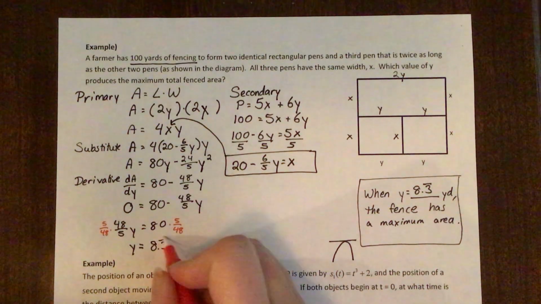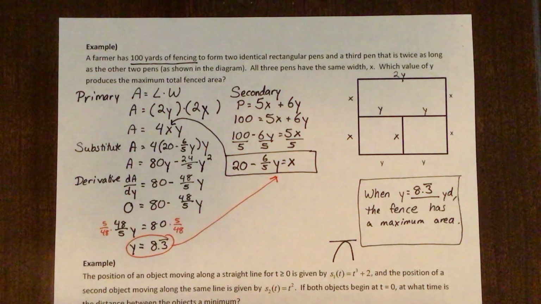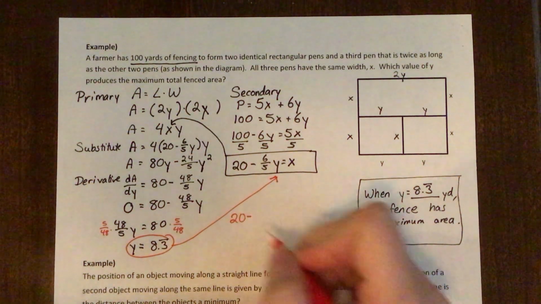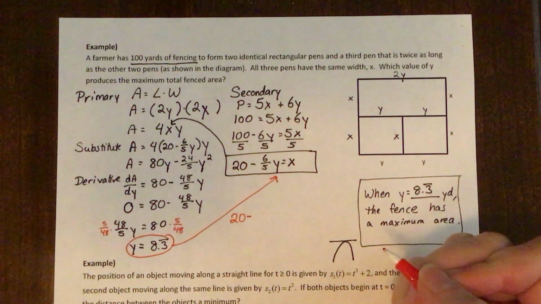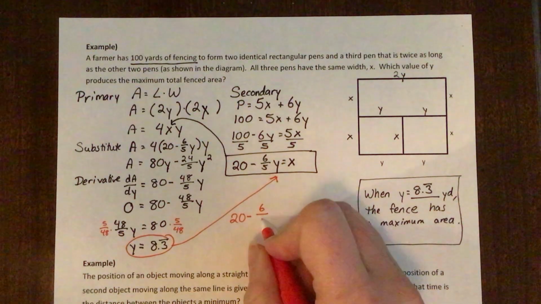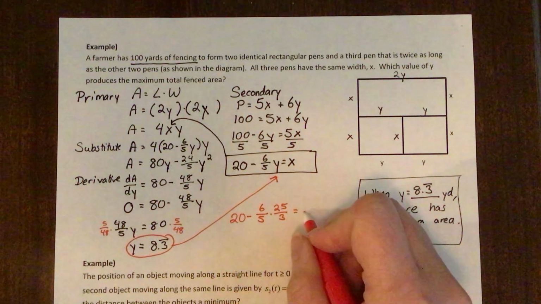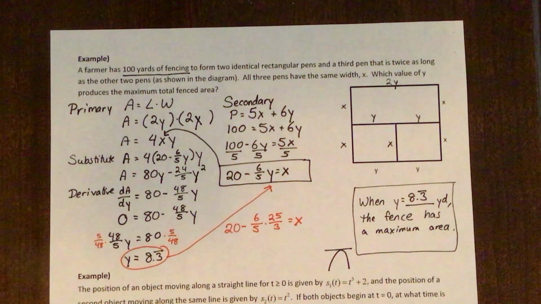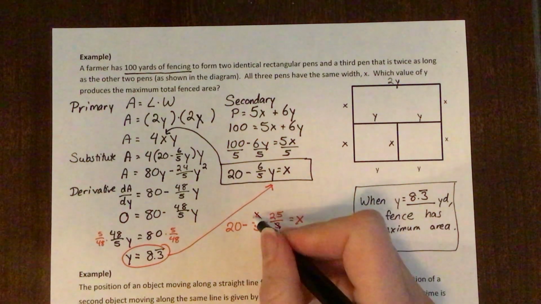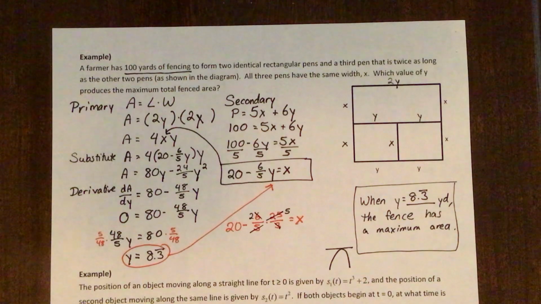Okay. If we also want to find x and we know the value of y, we can take this value of y, which is 8.3, and plug it right in there for y, getting x to equal just a number. So it's going to be 20 minus, and I'm going to do the fraction version, 25 over 3. So 6 fifths times 25 over 3 equals x. A little cross canceling: 6 and 3 cross cancel to get a 2, 5 and 25 cross cancel to get a 5.